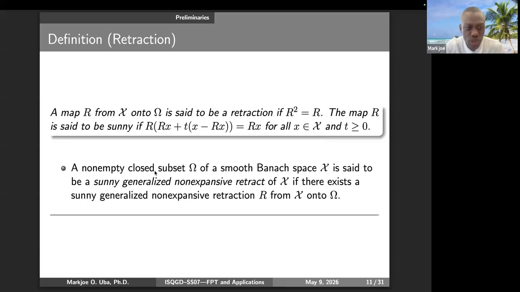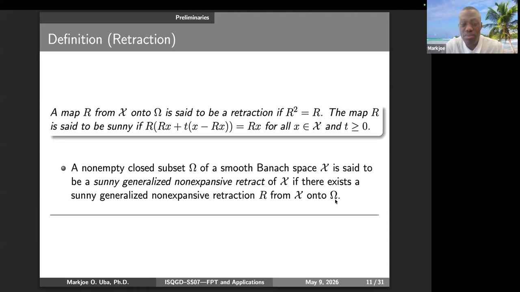Now, the last thing here will be the sunny generalized non-expansive retract of X. If we have this same gamma to be a non-empty convex subset of a smooth Banach space, it is said to be a sunny generalized non-expansive retract of X if there exists a sunny generalized non-expansive retraction, that is, a map from X onto the convex set.